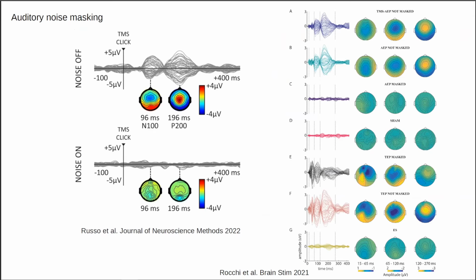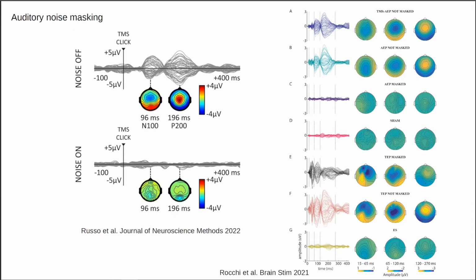In this study from Rocky, they also were able to clean the auditory evoked response here. They also did analysis of the peripheral evoked potential, but the problem here is that it was monosensory, so there was not a combination with the auditory stimulation, so it cannot really be compared.